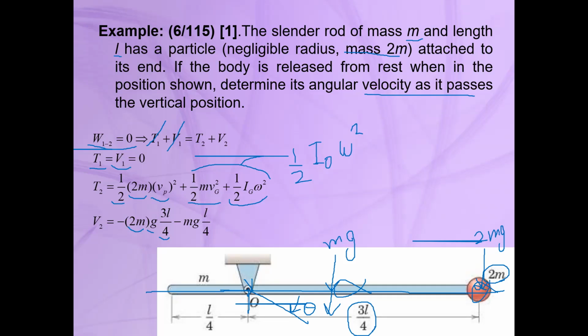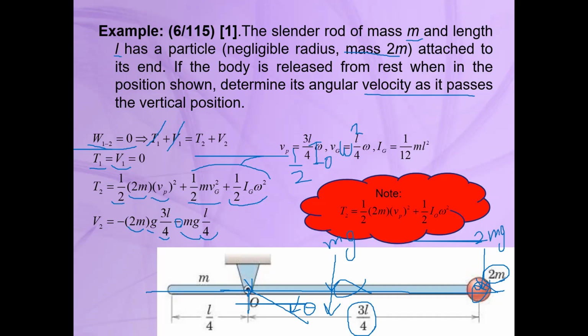The mass center of the rod is under the datum by L divided by 4, so its gravity potential energy is minus m times g times L divided by 4. Now we can substitute T sub 2 and V sub 2 and simplify to obtain the velocity of the rod.